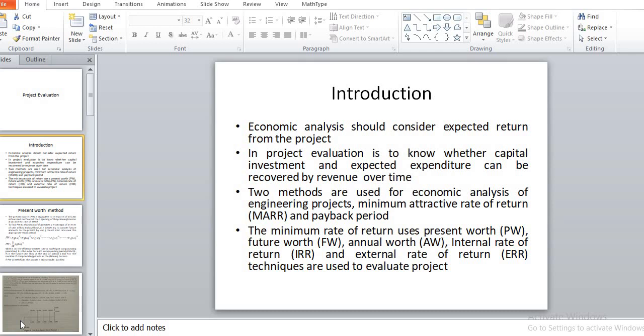To define that, we decide according to the expenditures, the capital investment, and the revenue generated for a particular period of time.